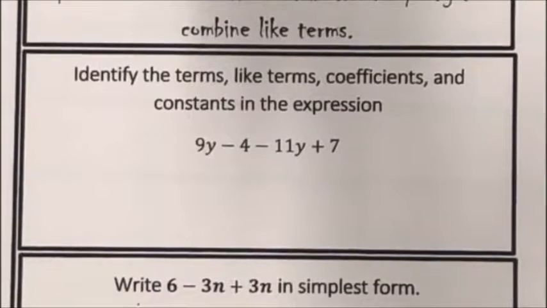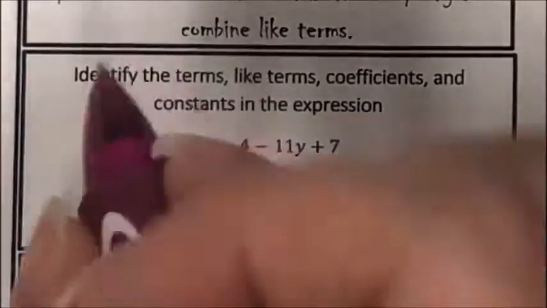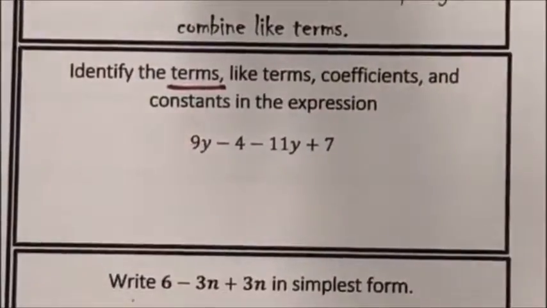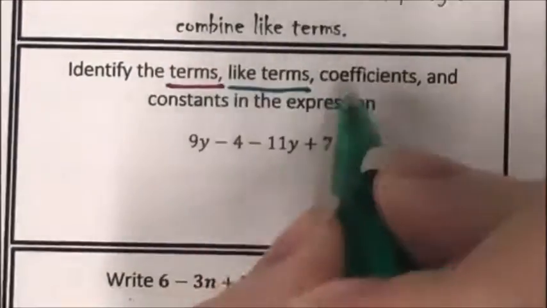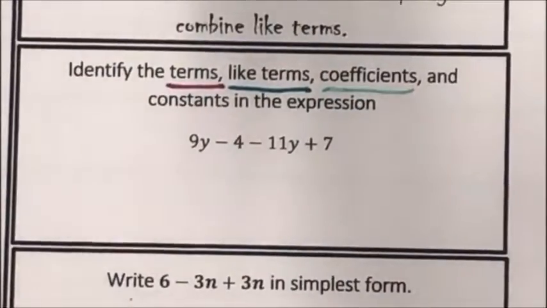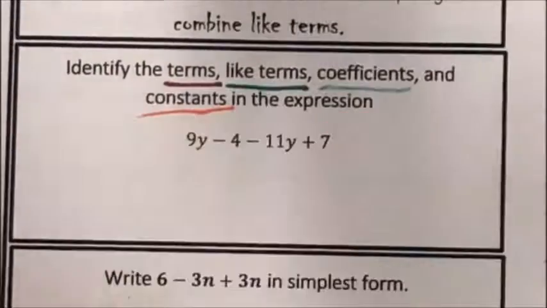All right, now that you've tried the try it problems, let's go over the answers together. The first try it problem says, identify the terms, like terms, coefficients, and constants in the expression 9y minus 4 minus 11y plus 7. So I'm looking for my terms, my like terms, my coefficients, and my constants.